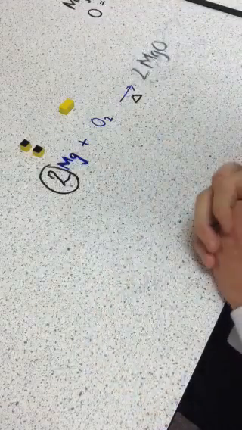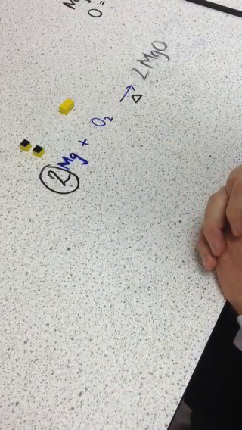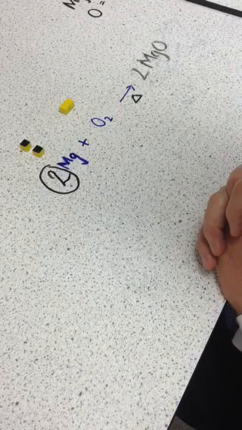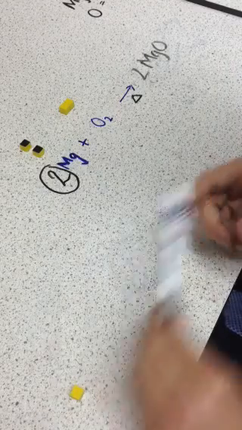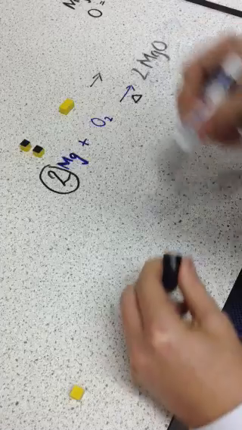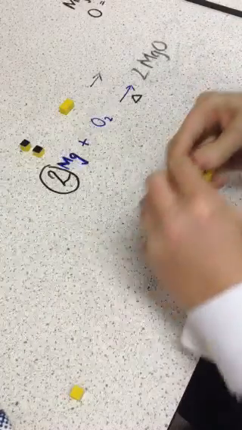Remember, they're sharing 2 electrons in their covalent bond. And they go to 2 of these, 2 magnesium oxides.